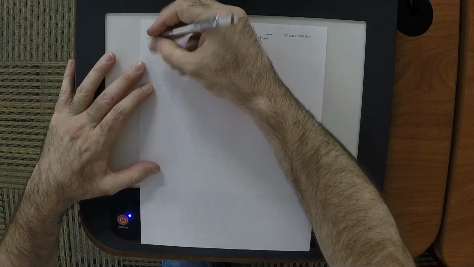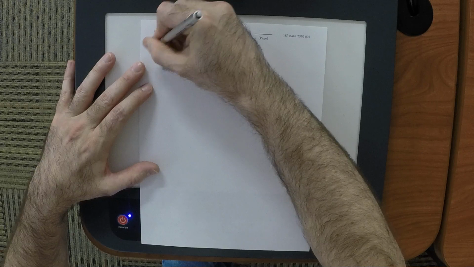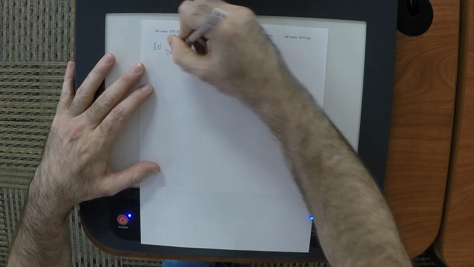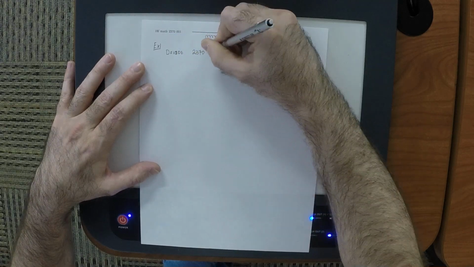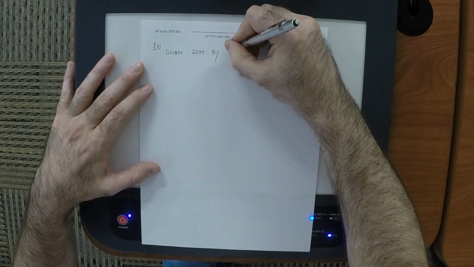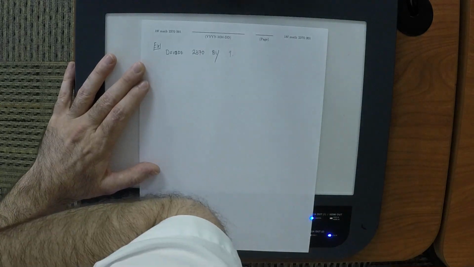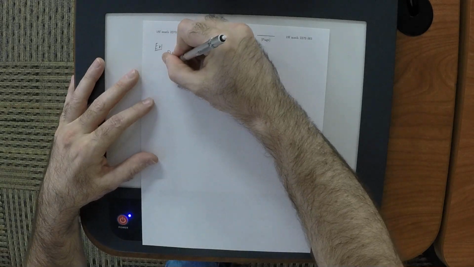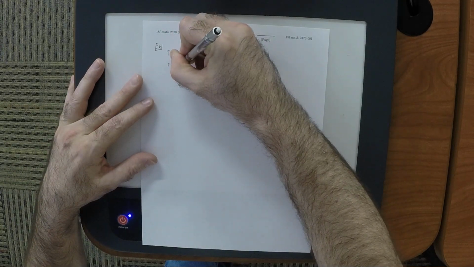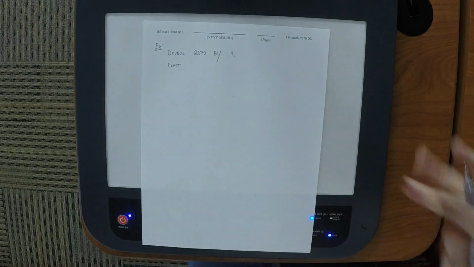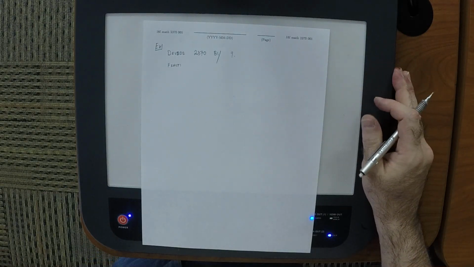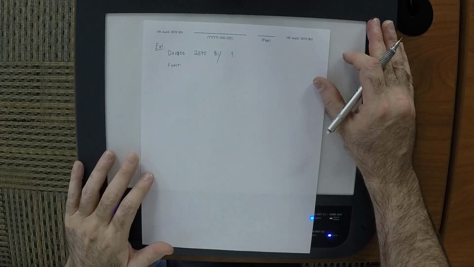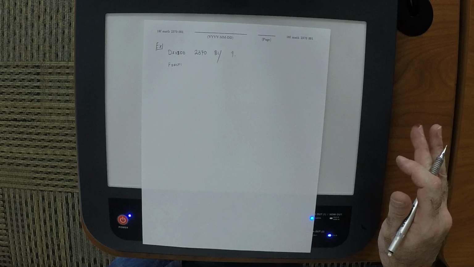All right, so in base 2, divide 2370 by 9. But now we're going to do it in base 2. So the first step is, instead of considering sequential powers of 10, we're going to consider sequential powers of 2, and we're going to take that many.